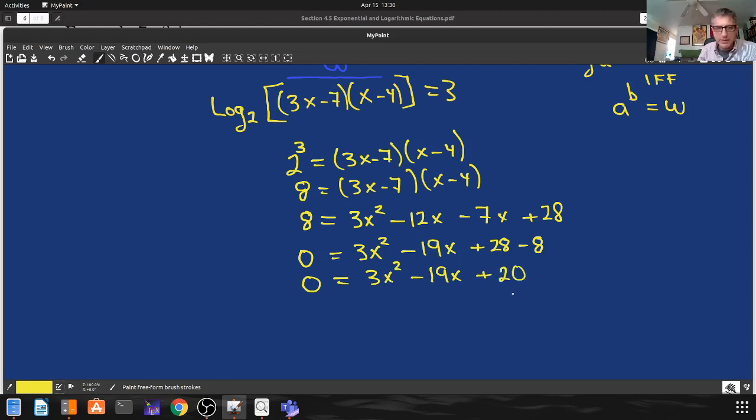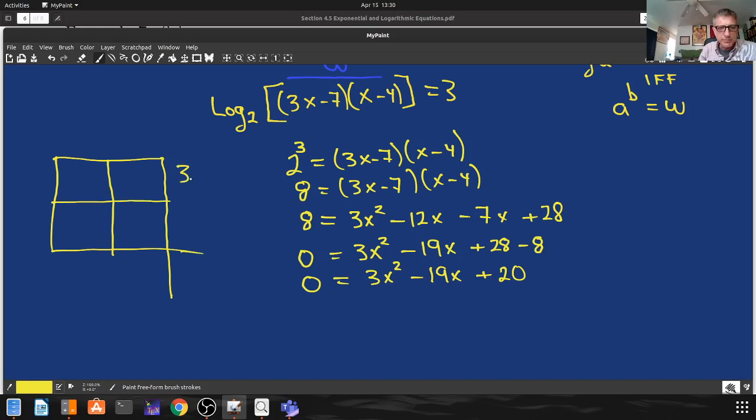So let's see if we can factor that. So just a little review on factoring. It never hurts, does it? So this has to be 3x in x.